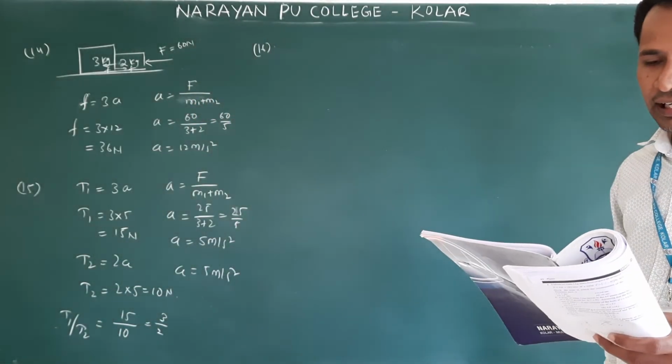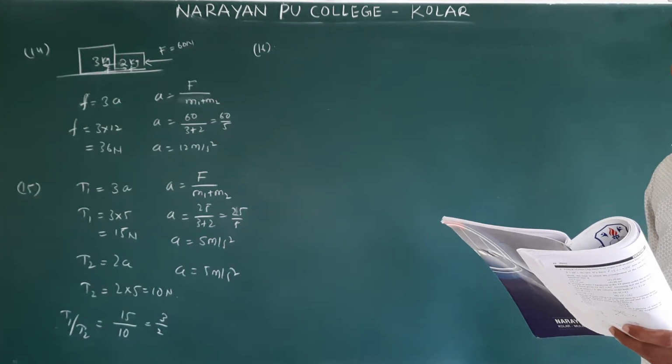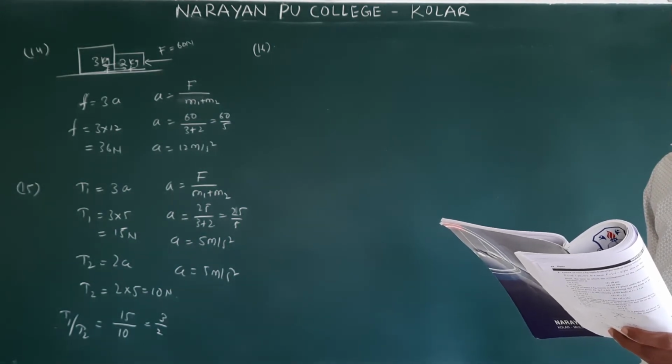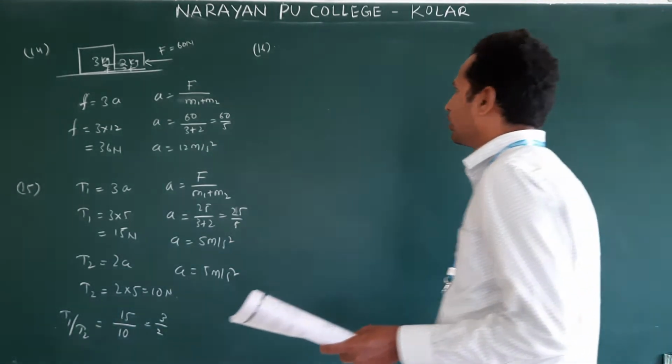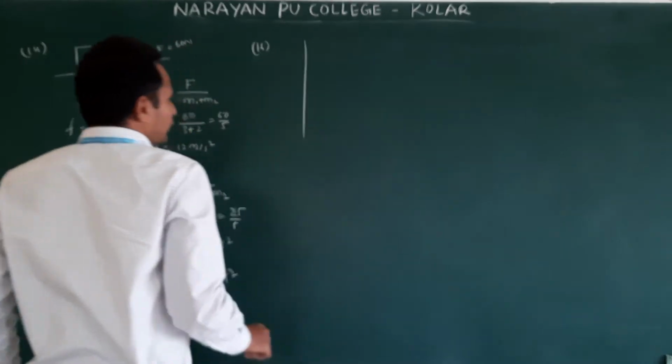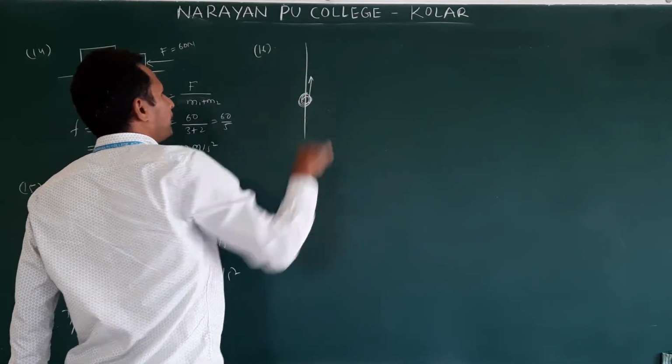Okay, next, 16. A ball is accelerated upwards by a cord whose breaking strength is 4 times its weight. Find the maximum acceleration with which the sphere can move up without breaking the cord. So there is a string, and in this a ball is going up.